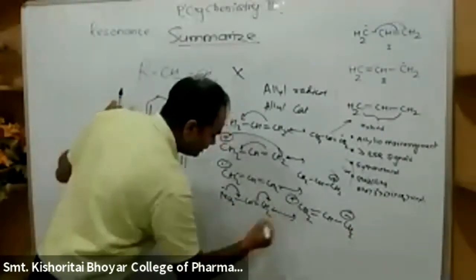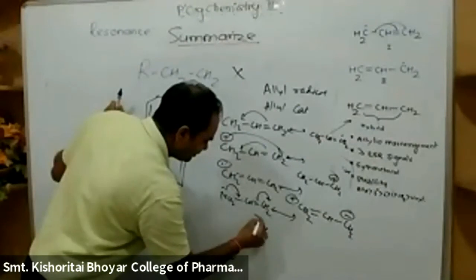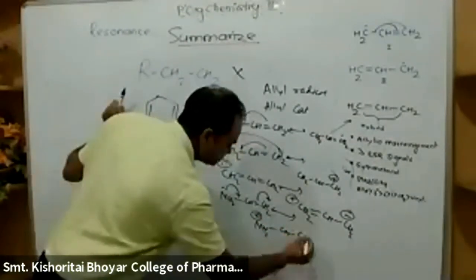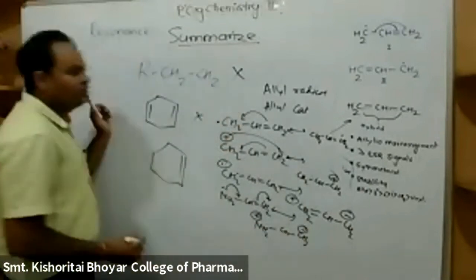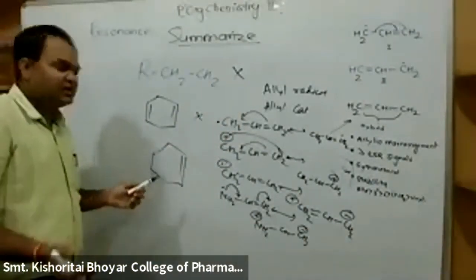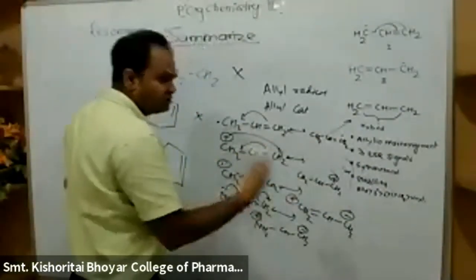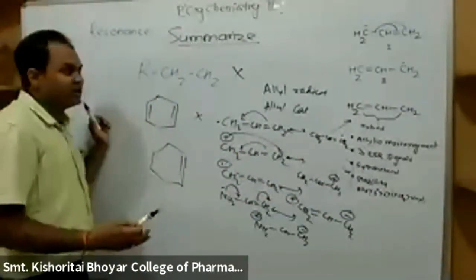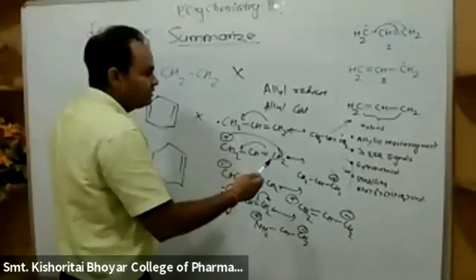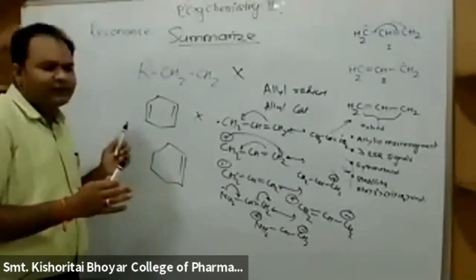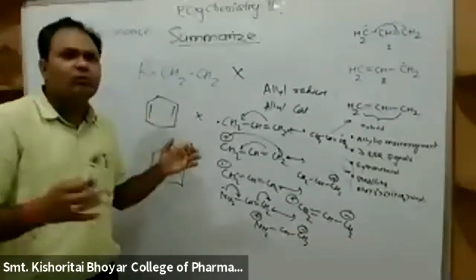So you will get another contributing structure where nitrogen bears a positive charge, then CH, then CH2 minus. So in this way you will get different resonating or contributing structures, and if these two or more contributing structures are equivalent, then we can represent the hybrid structure, that is the actual molecule of resonance.